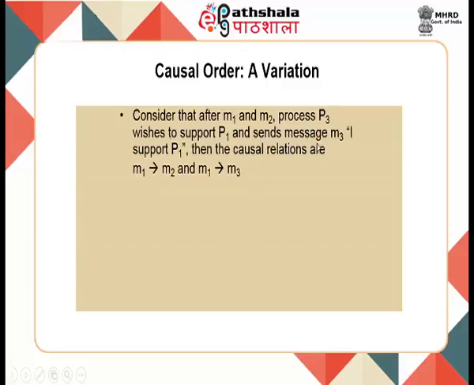Now, M3 says I support P1. In this case, we are not sure whether P3 has seen P2's message or has not seen P2's message. That means that M3 is not causally dependent on M2, because it has seen P1's message and it is replying to P1's message.